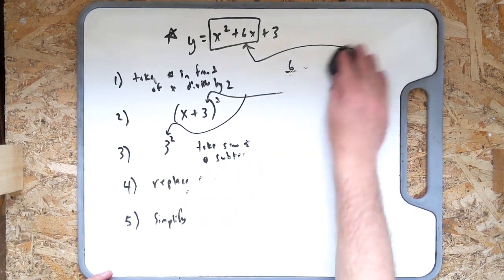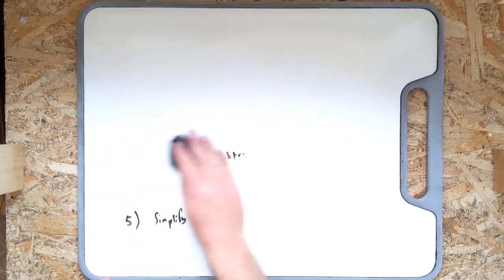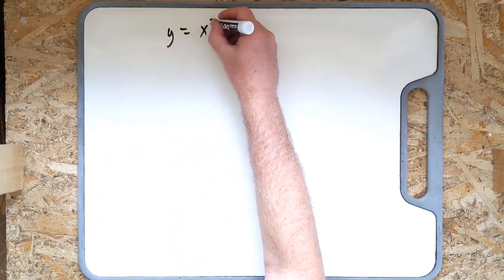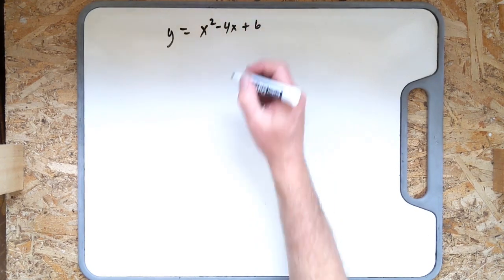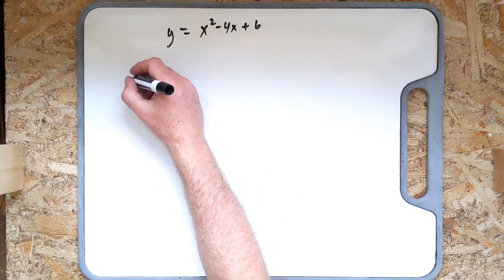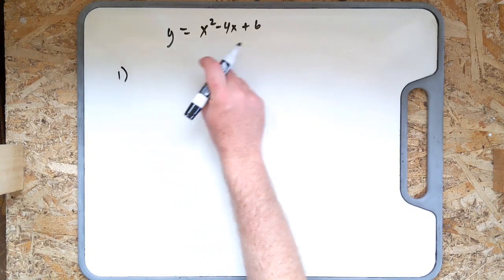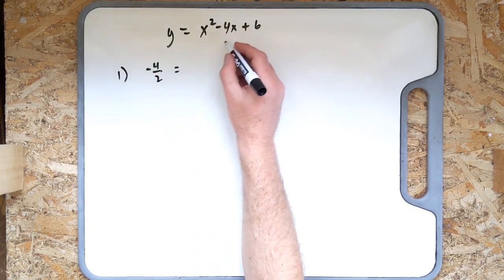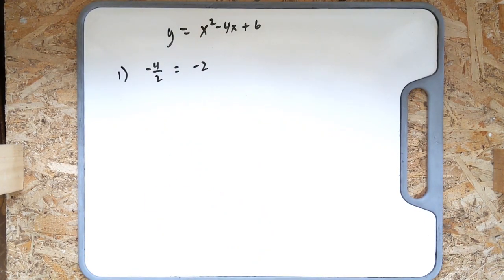I'll walk through the process again, do several of these just until you guys get it down. So here's another one, y equals x squared minus 4x plus 6. Again, that is in standard form, not vertex form. So again, first step, take that -4 and divide by 2. That gives you -2.